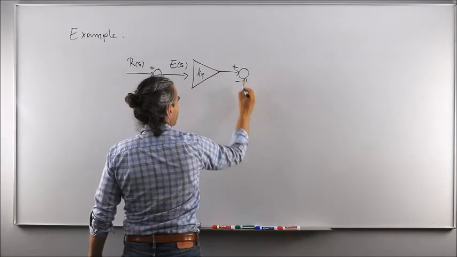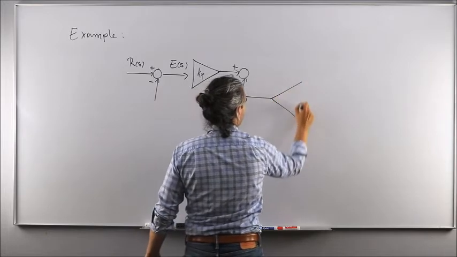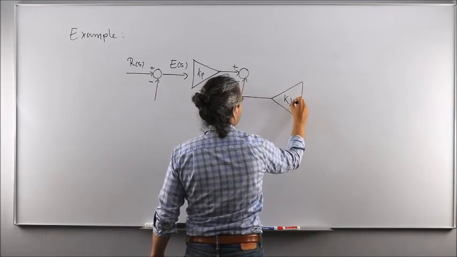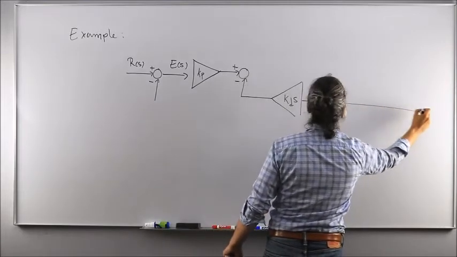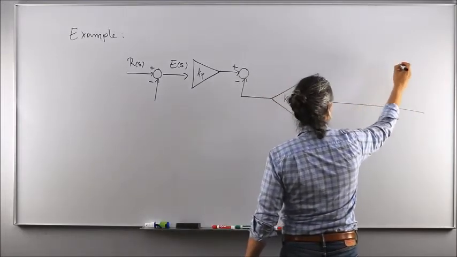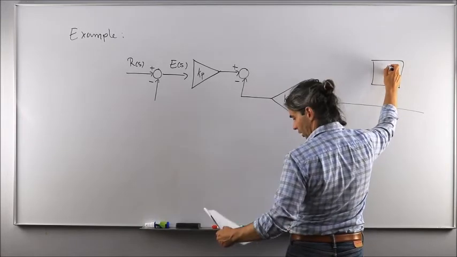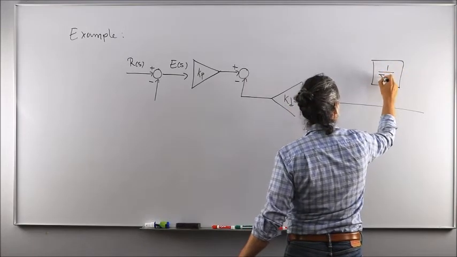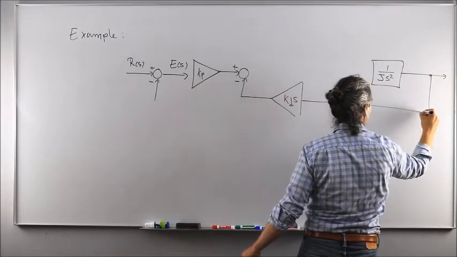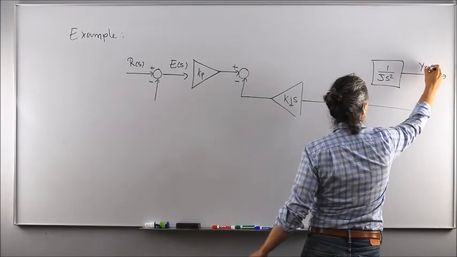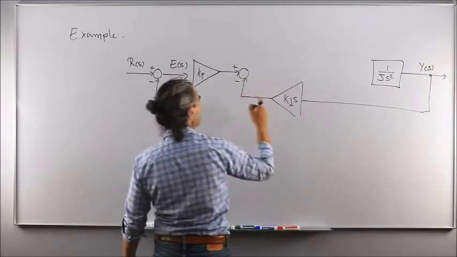From this term we then subtract our KD S that multiplies the output of the plant, okay? I'm going to draw my plant over here, which is my 1 over J S squared, my double integrator dynamics. That provides me with my output, Y of S, where Y of S is, as always, the rotational angle.